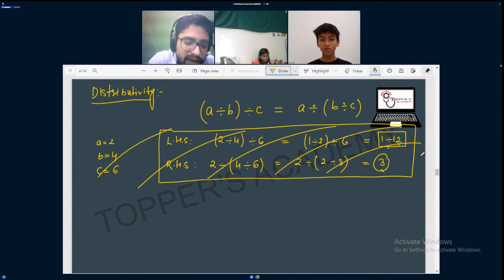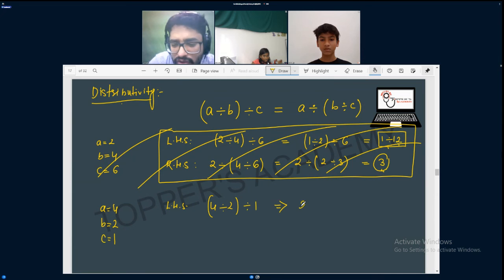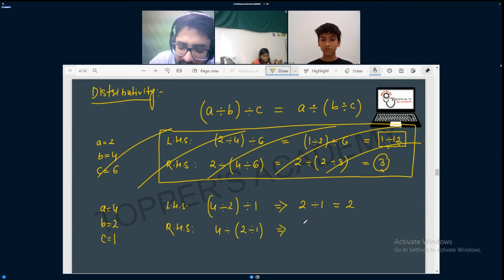Okay, let's say A is 4, B equals 2, and C is equal to 1. For this, LHS is 4 divided by 2 divided by 1, which is 2 divided by 1, which is 2. Right hand side is 4 divided by 2 divided by 1, which is also 2.